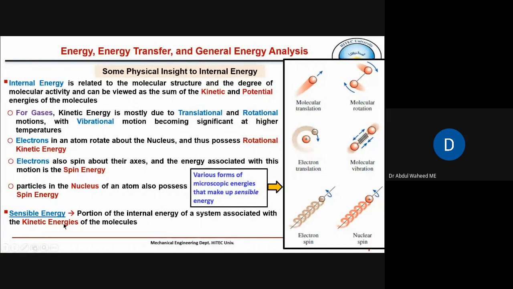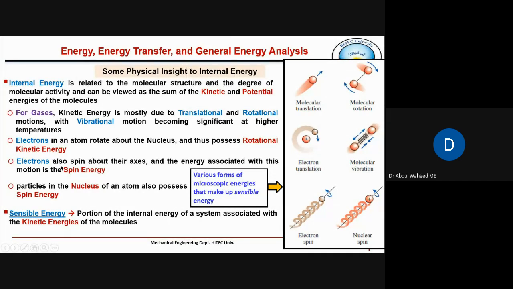So if we supply energy to any substance, its kinetic energy increases and its temperature rises, but its phase does not change, and also the chemical nature of the substance does not change. Then the energy which we are supplying is only changing its temperature, either increasing or decreasing. So that part of internal energy is known as sensible energy.